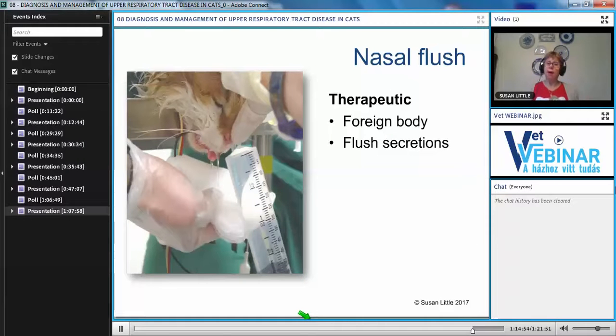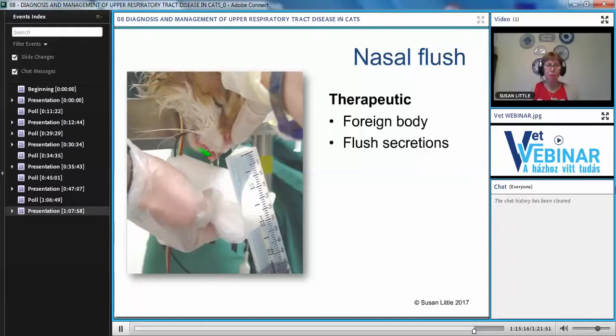So thinking of diagnostics, some of the diagnostics that we might do would be a nasal flush. So here we are with the cat under anesthesia, where we're flushing warm saline up into the nasal passages and collecting anything that flows back out of the nose in this gauze.